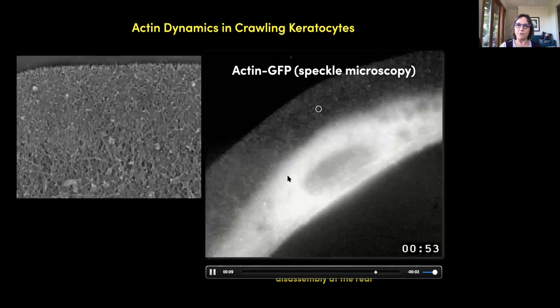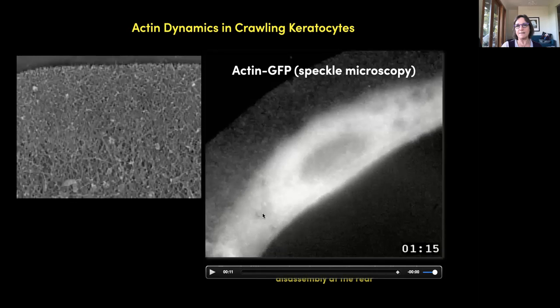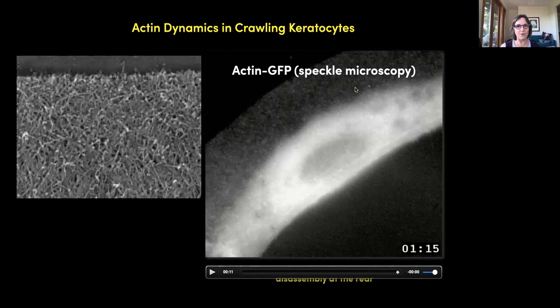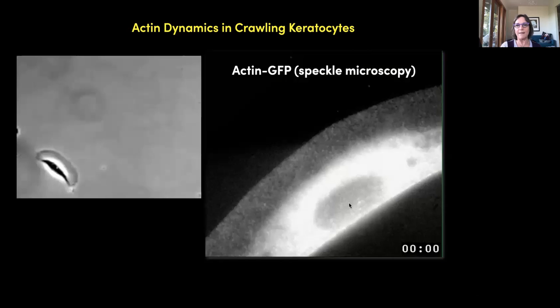The reason they can do that is that in this case, they're using something called speckle microscopy, which means that not every actin molecule in the cell is labeled. It's patchy. So in the microscope, I'm going to play that again, you can track individual little regions that are bright and dark, and you can see that the individual actin filaments are not actually moving.